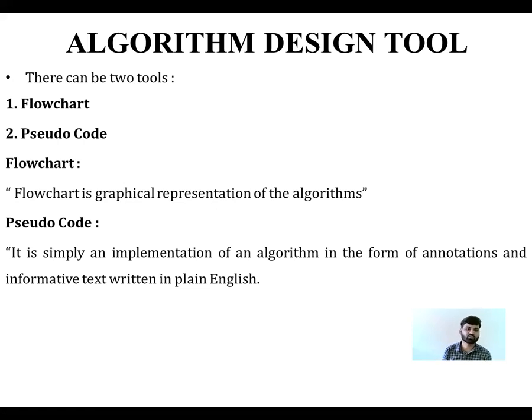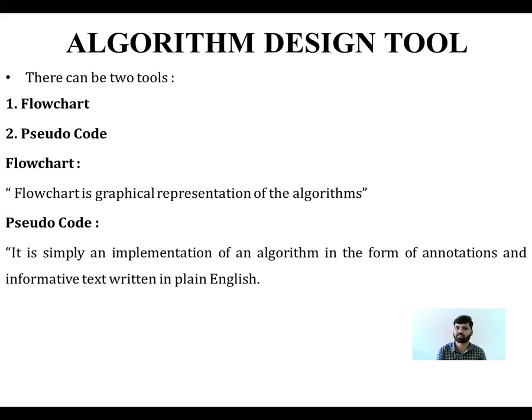Then what is pseudocode? It is simply an implementation of an algorithm in the form of annotations and informative text written in plain English. In simple language, pseudocode is a formal way to write a short code in your natural language and some programming steps.